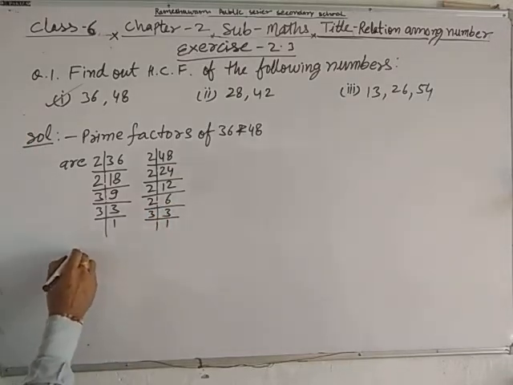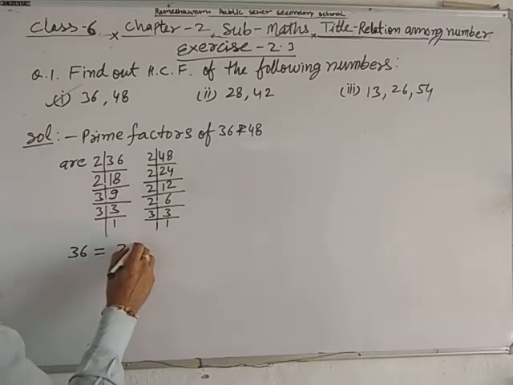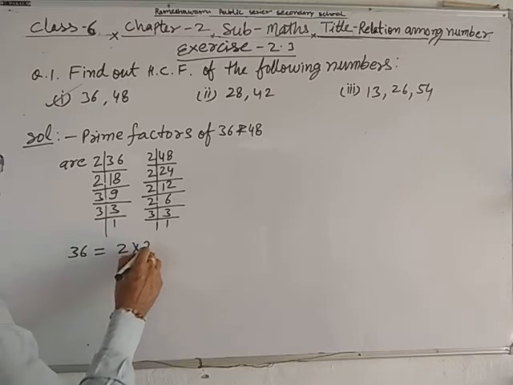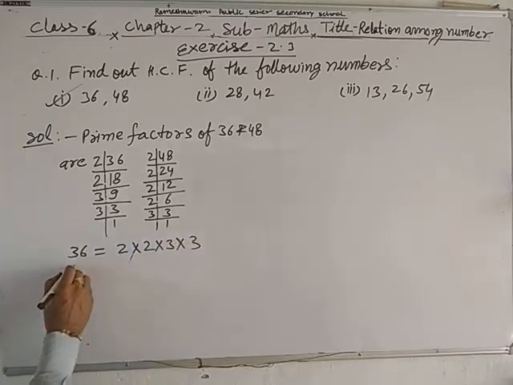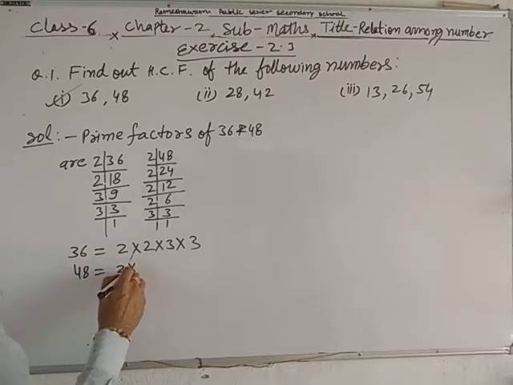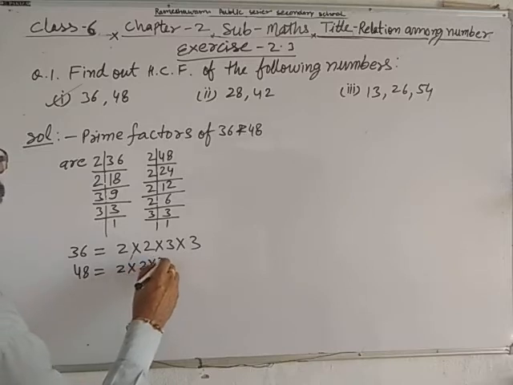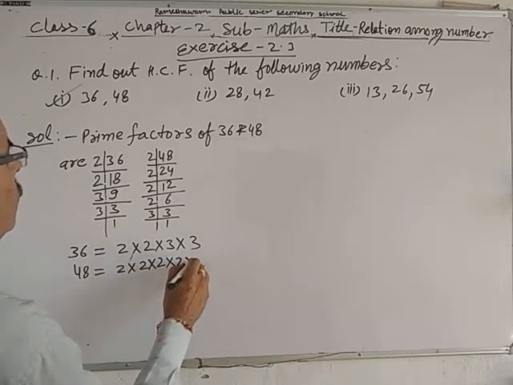The prime factors of 36 are 2 into 2 into 3 into 3. The prime factors of 48 are 2 into 2 into 2 into 2 into 3.